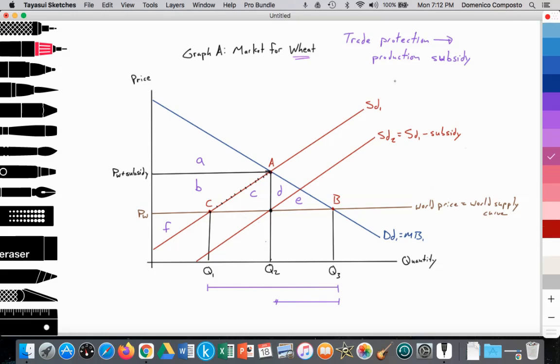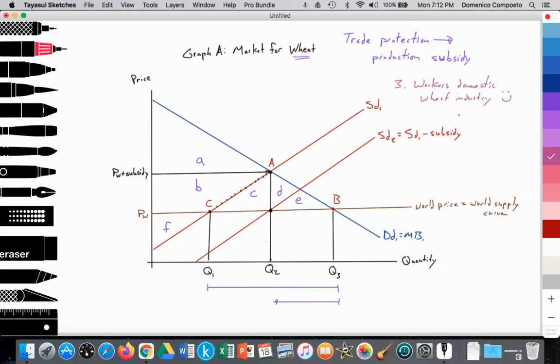All right, number 3, workers in the domestic, let's say, wheat industry are also better off, right?